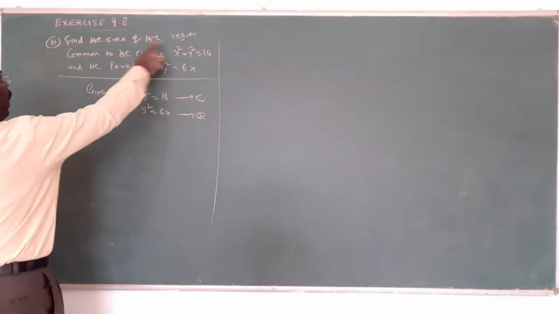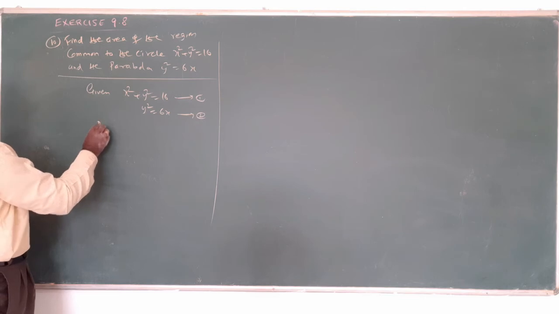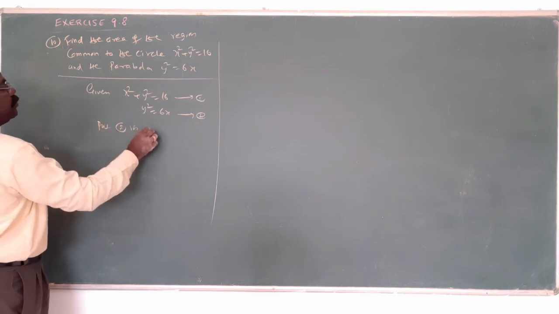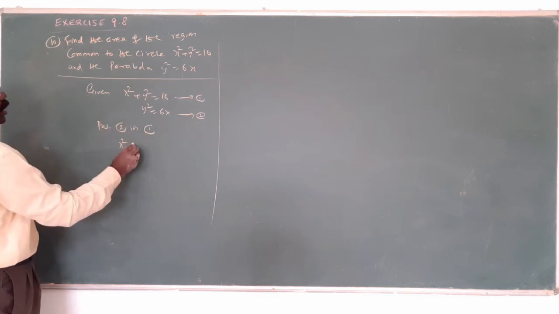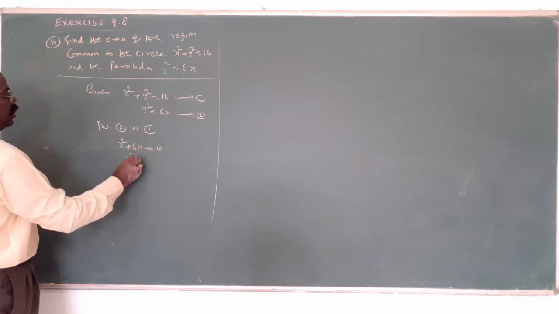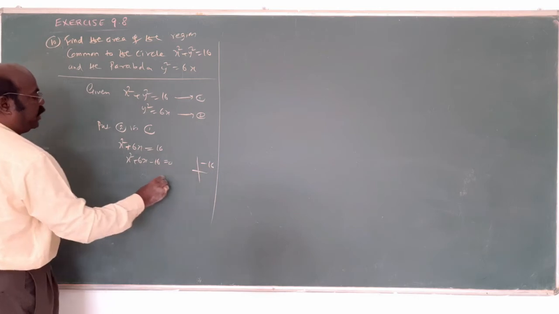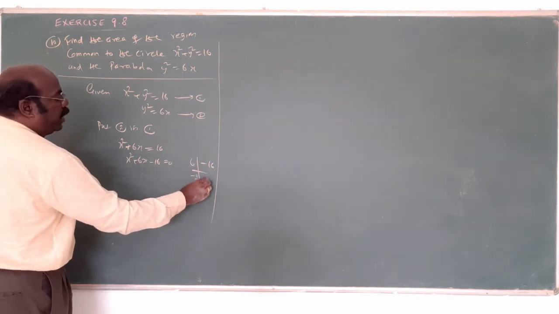Listen here. Find the area of the region bounded by the circle and parabola. Put 2 in 1. Am I right? x square plus y square is 16 and y square is 6x, so x square plus 6x minus 16 equals 0. Product is minus 16, sum is 6: minus 2 and 8.